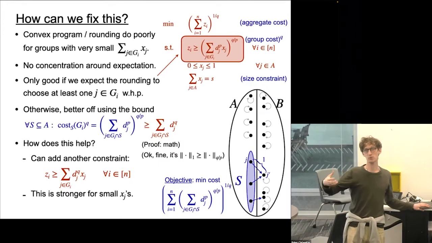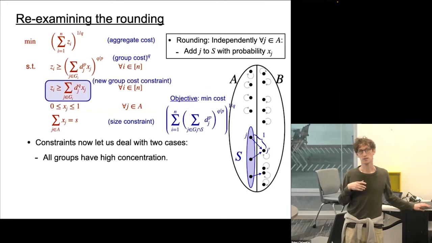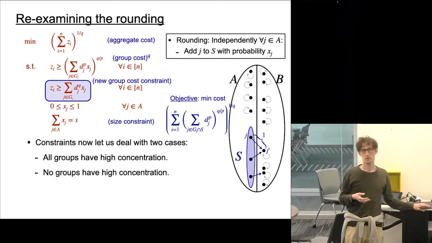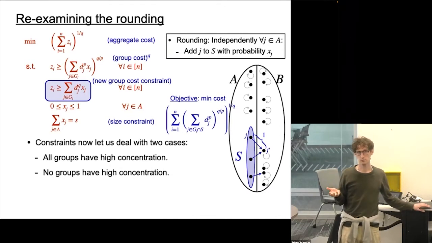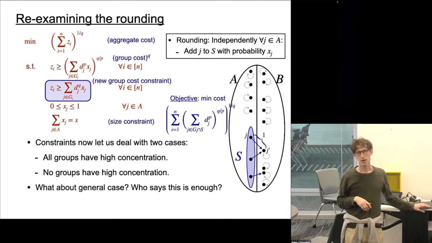This is exactly what we need in order to handle these low concentration cases. So if all groups have high concentration, or no groups have high concentration, then you can show that the rounding works by just plugging in whichever of these two constraints is appropriate.